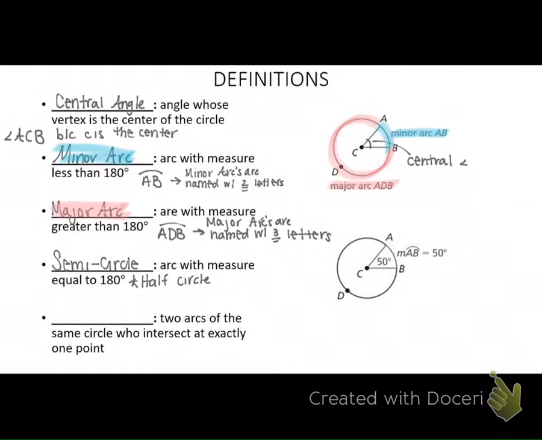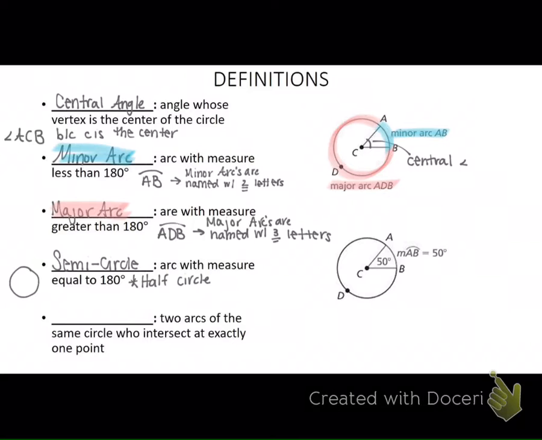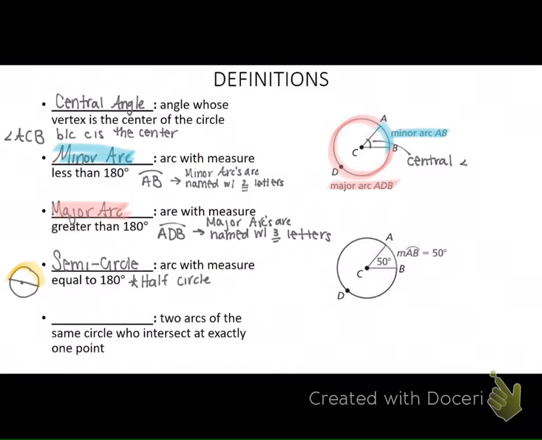So what this is basically saying is if you have a diameter drawn through, this here is your semicircle. It's half the circle. You see what I'm saying? So if you have a diameter and the arc connects the endpoints of the diameter, then it is a semicircle.